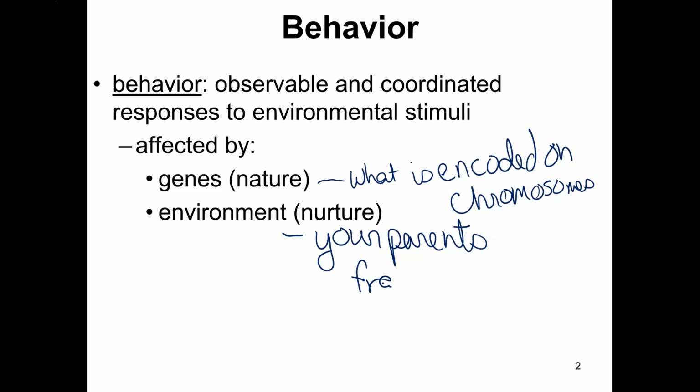Oh, that's definitely not friends, is it? That's friends. And environment, okay? And both of these are going to influence your behavior, your response to different stimuli. So let's see how nature and then how nurture influence behavior.